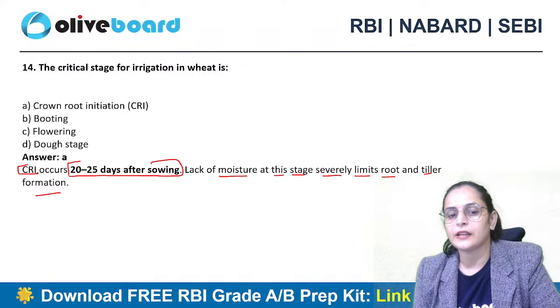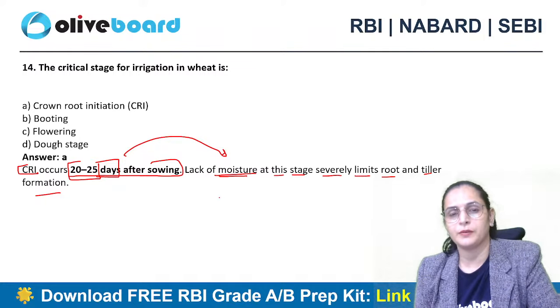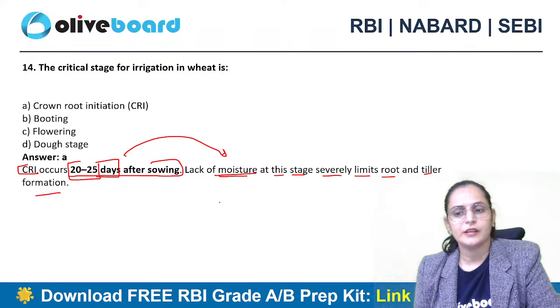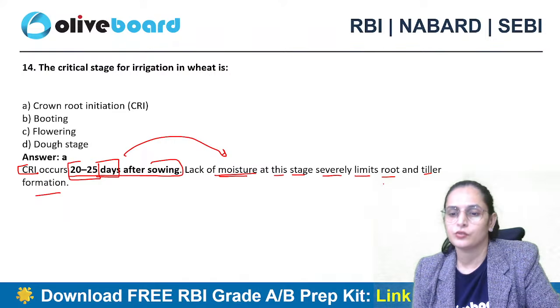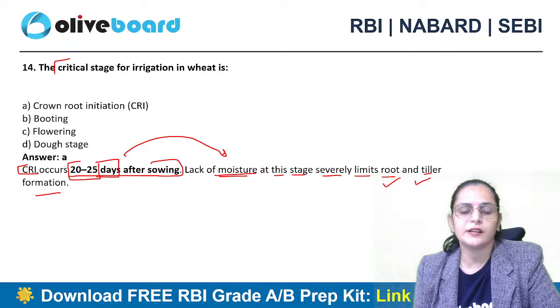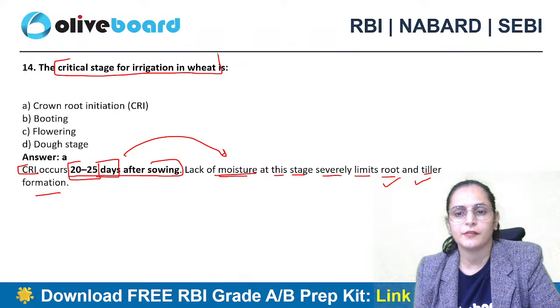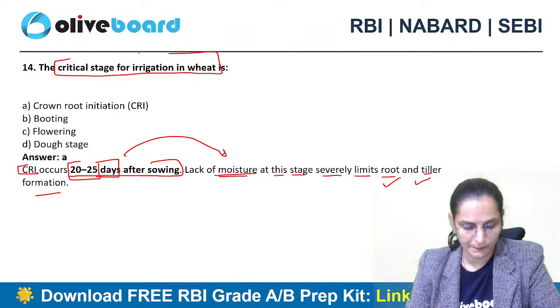So at 20 to 25 days after sowing, if you are not giving proper irrigation, or there is less moisture content in the soil, it will severely limit root growth and tiller formation. So this is the critical stage for irrigation in wheat when you have to irrigate.